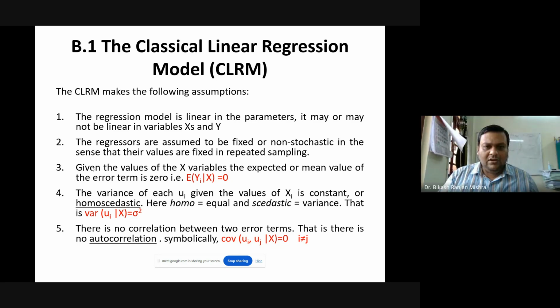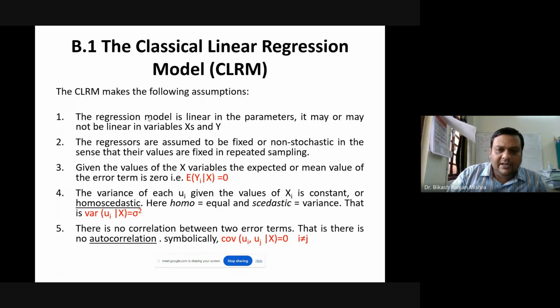Okay. So to proceed with the regression model, the first thing is that it is linear in nature. Linearity indicates that the model will be linear in parameters, not necessarily linear in terms of variables.